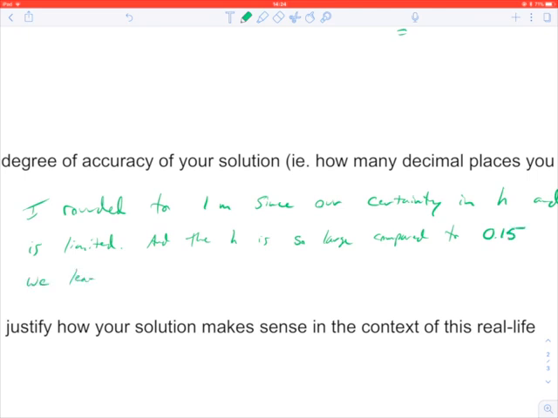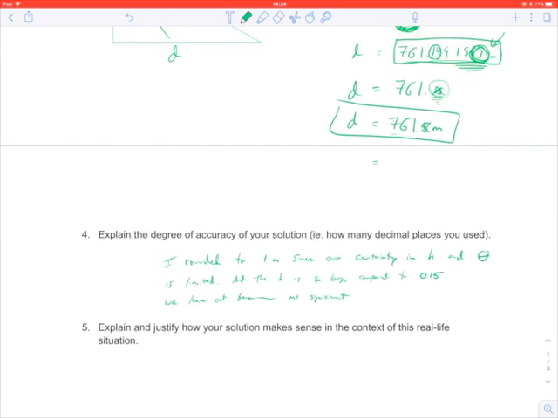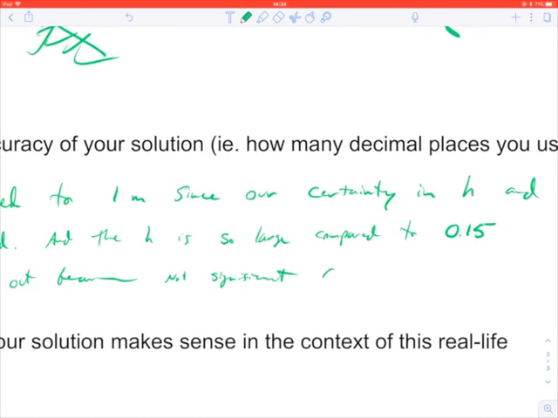Maybe we can leave that out because it doesn't seem significant compared to 760 meters. If you run 761 meters, do you think you care about 0.15 after? No. So compared to 761, something like that.